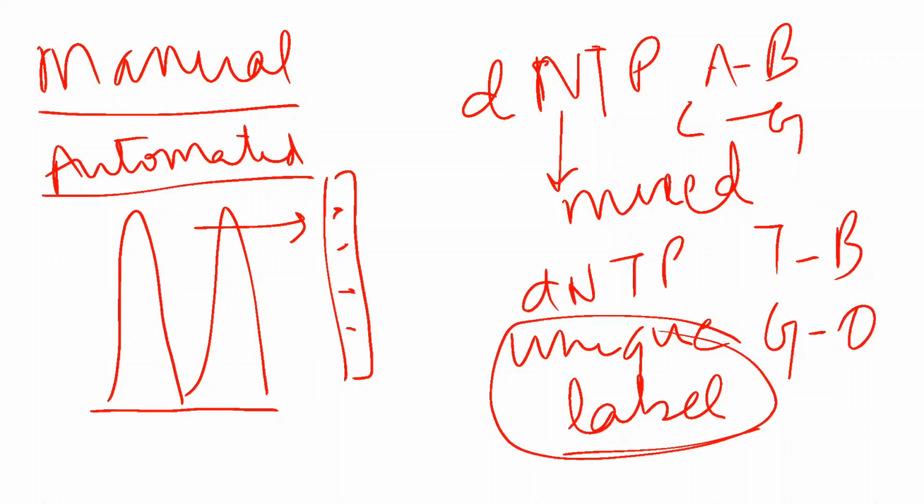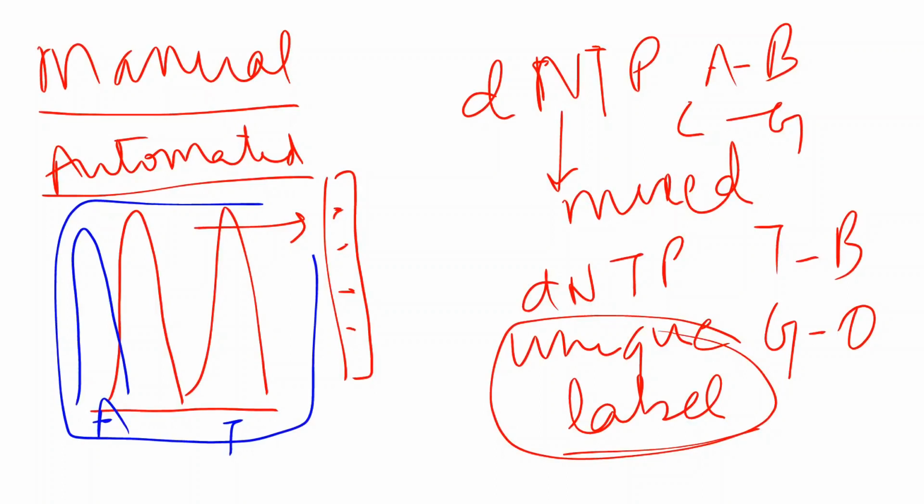Say if it is blue, it is A; if it is red, then it is maybe T. Like this you get different colored fluorescence peaks to find out the sequence of the template DNA, and this output is called a chromatogram.